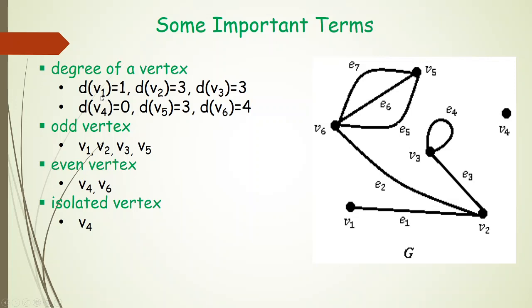to that vertex. For example, the degree of V sub 1 is 1 because V sub 1 is here, so there is one edge incident to it, E sub 1. The degree of V sub 2 is 3, because there are 3 edges incident to it. The degree of V sub 3 is 3 because you have three edges incident to V sub 3.